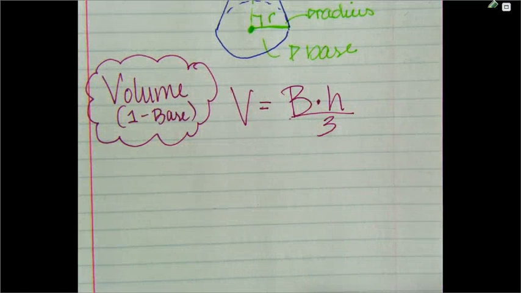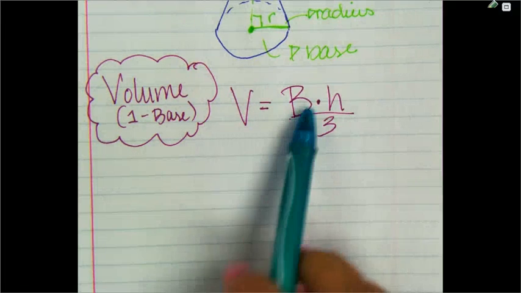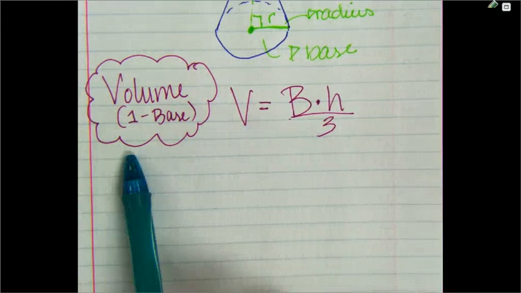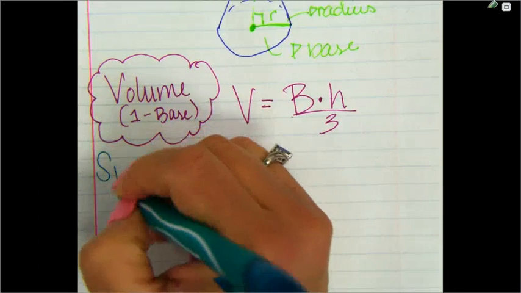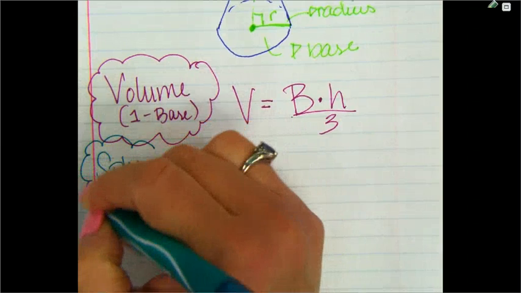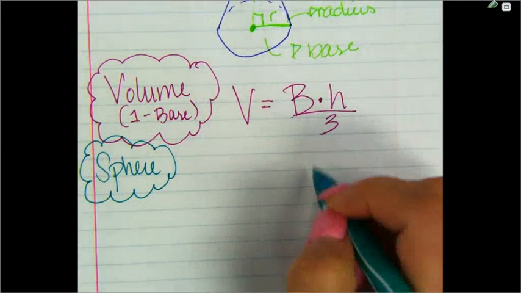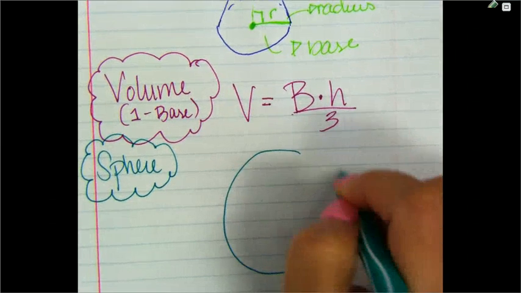There's 3 formulas you need for a volume. The first one was big B times H, which is how many bases? 2. Second one is big B times H over 3, which is 1 base. Your last one is your sphere. And we said a sphere looks like a ball.